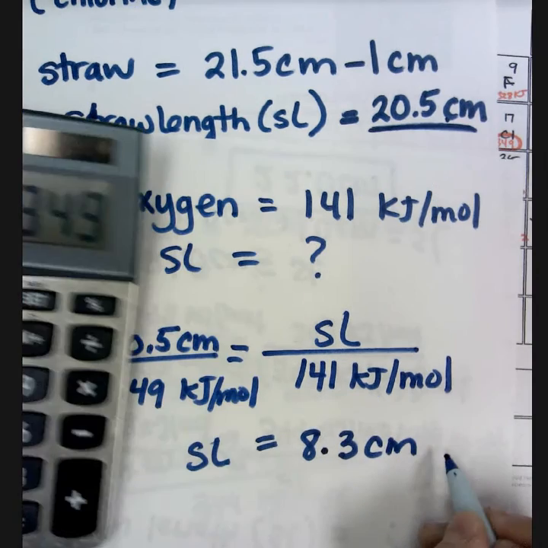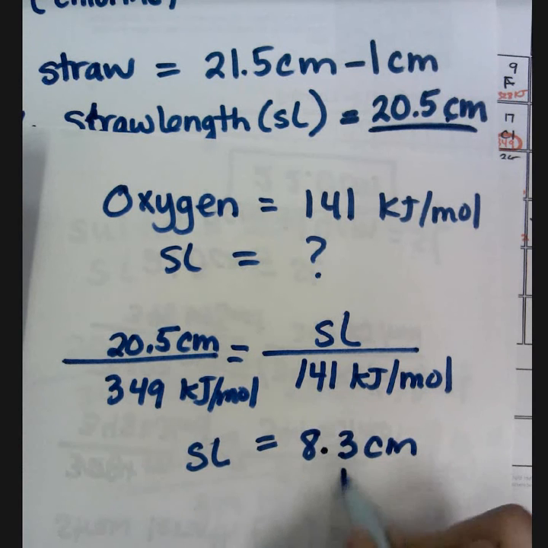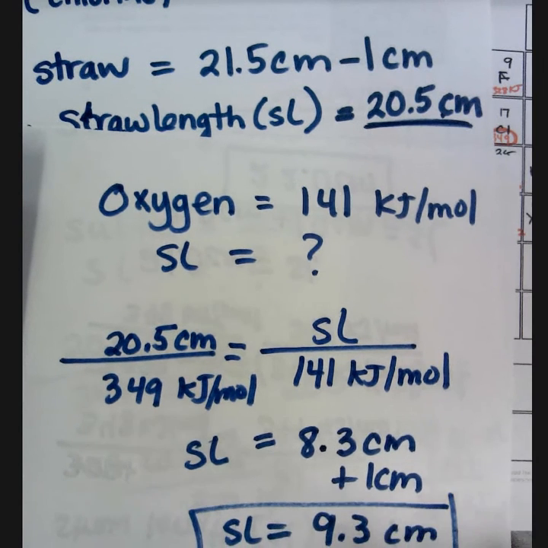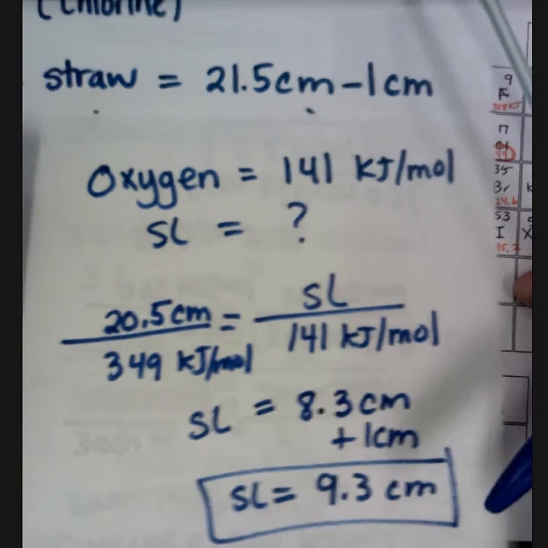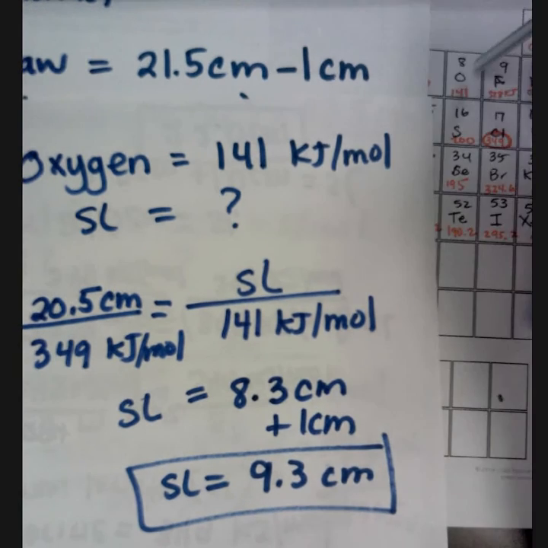To scale it to our straw length scale, we add 1 centimeter, and our final straw length will be 9.3 centimeters for oxygen. So I'll take another straw, cut it to 9.3 centimeters, and glue it.